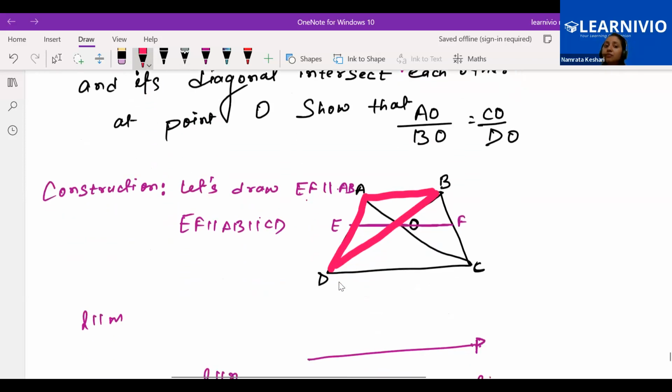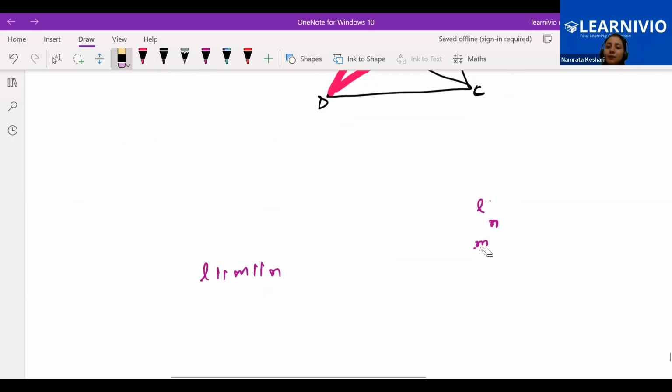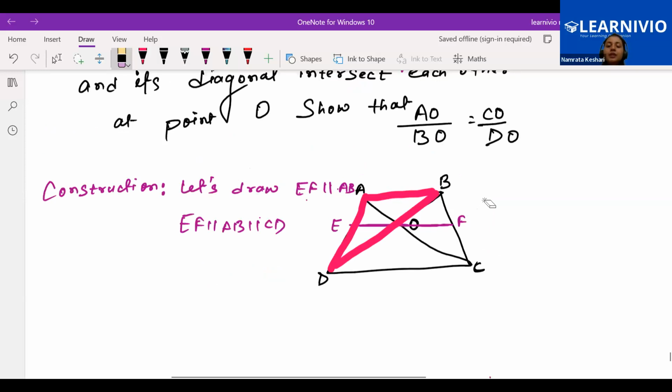If you are wondering why I am saying EO, see, if two lines are parallel with each other, you cut the line, you make it shorter, you make it bigger, still it will be parallel only. So don't get confused. If EF and AB are parallel, then of course EO and AB will also be parallel. If you have any doubt, let me know.